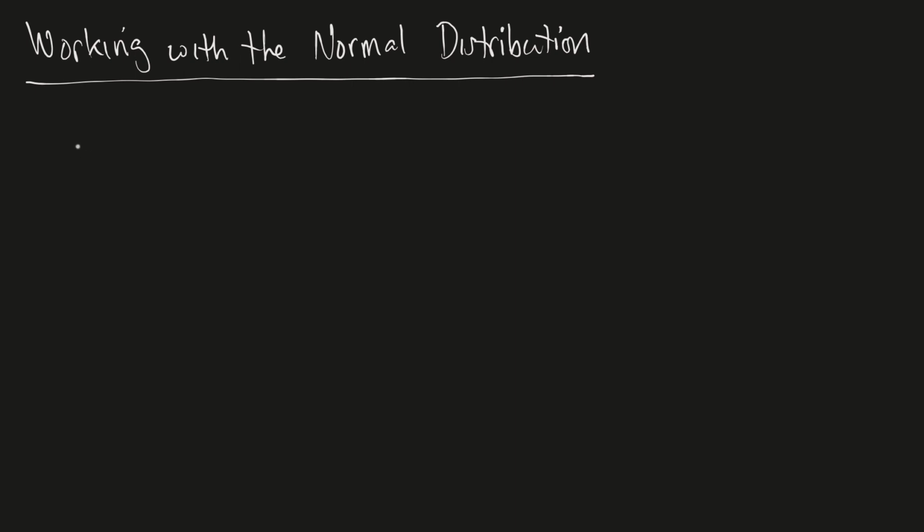So basically, if Z is a standard normal random variable, we might be required to find probabilities like this.